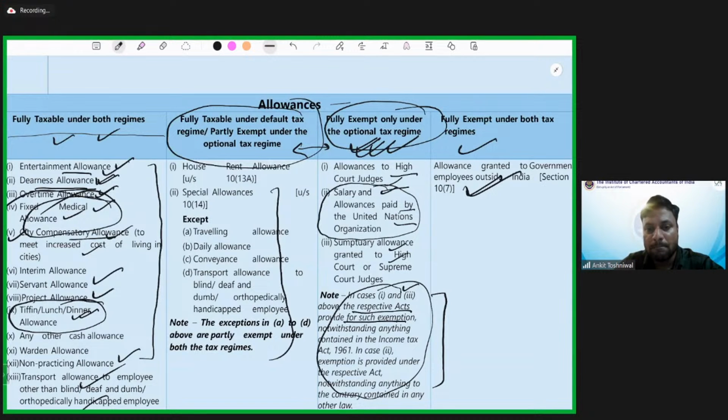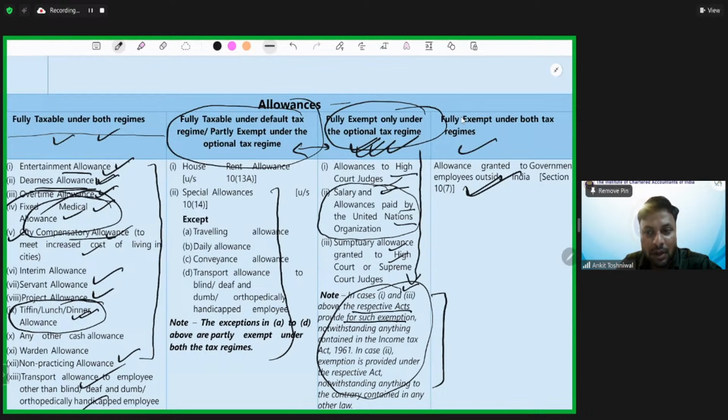Yes, sir. I am asking about points 1 and 3, because the second is exempted, but what about the first and the third? Which 1 and 3 are you talking about? Fully exempted only under the old tax regime. These 3 points.